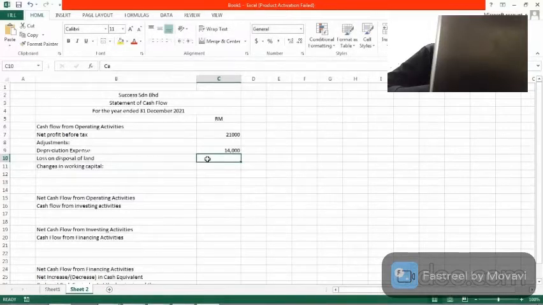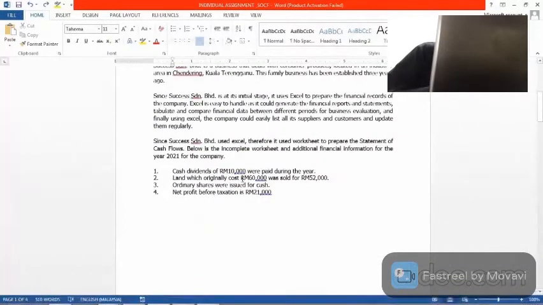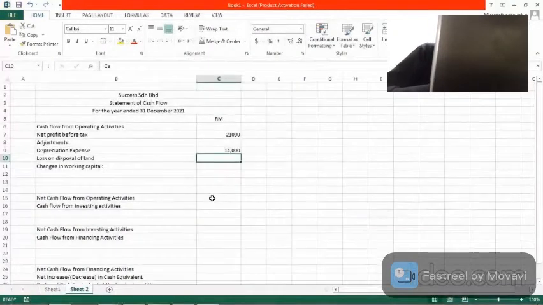Since we do not know the amount of loss on disposal of land, we need to calculate it by deducting the cost 60,000 with the selling price 52,000. So here we get 8,000.